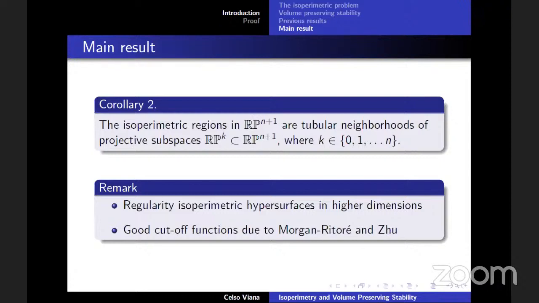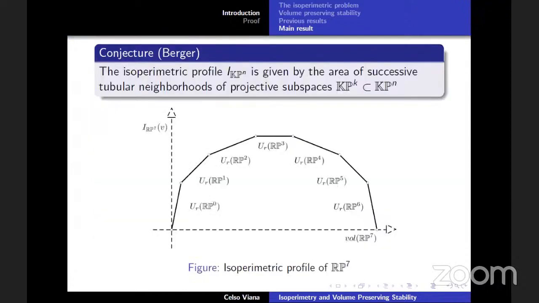So what can you say about the isoperimetric profile, right? Here I have a picture for the isoperimetric profile of RP7, for example. And as you can see, all tubular neighborhoods appear as solutions for the isoperimetric problem for some range of the volume. If the volume is very small, then you get a tubular neighborhood of RP0. Then as the volume increases, the tubular neighborhood of RP1 becomes a better competitor, right?